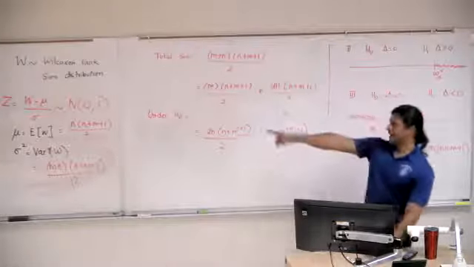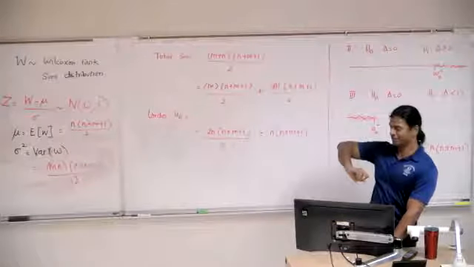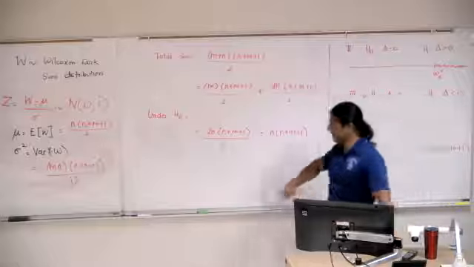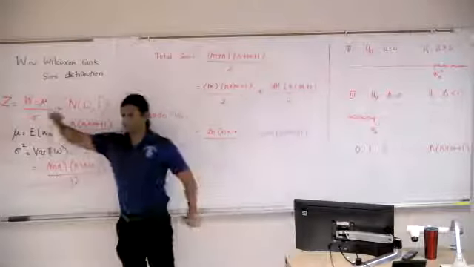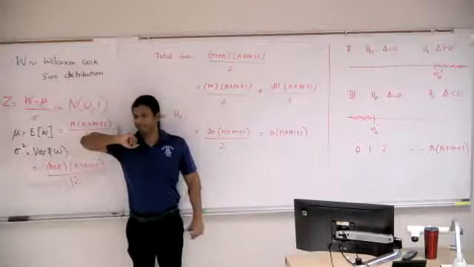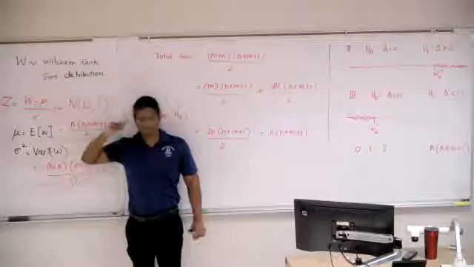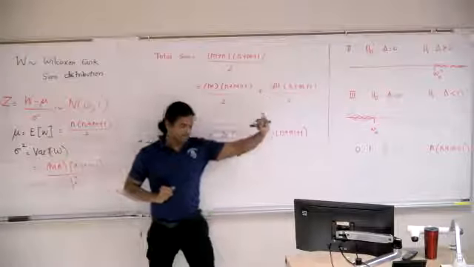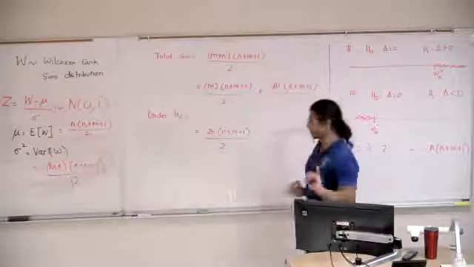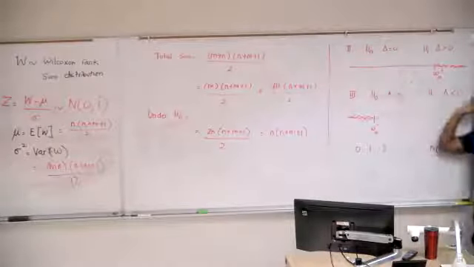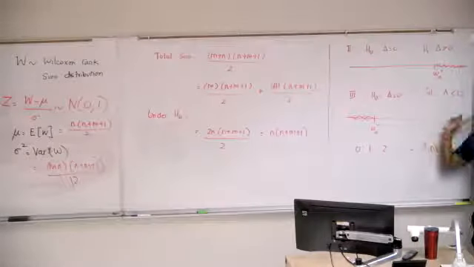So I have mu, I have sigma squared. I can simply find the standardized test statistic. Does that make sense? So the key is to first find W. Once we find W, we can use W to reject or not reject, depending on the test.